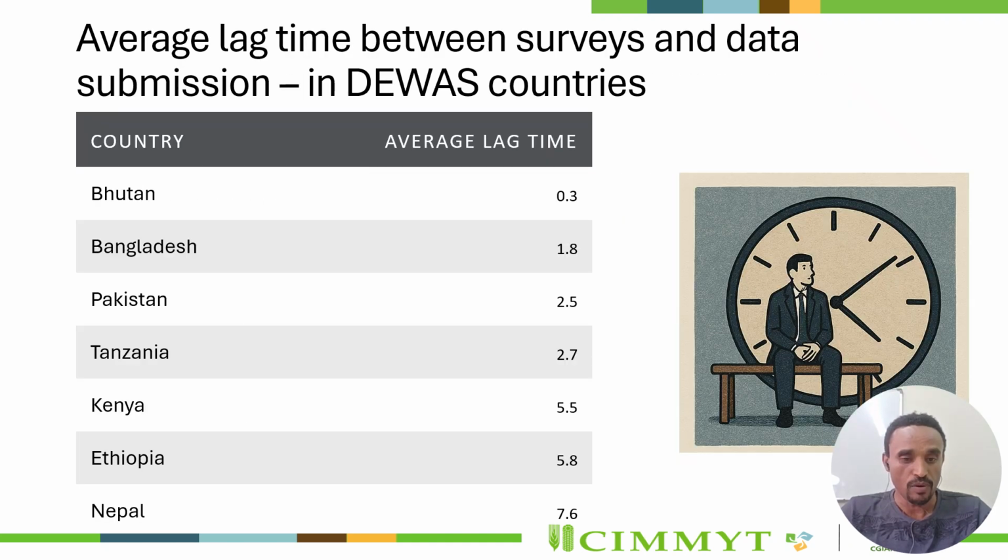Okay, before finishing my presentation, I would like to share this information. Earlier we said we need the data in near real time to be used for forecasting purposes. So we can see from the data here the average lag time. The longest one is around 7 days, and the shortest one, from Bhutan, is 0.3 days.